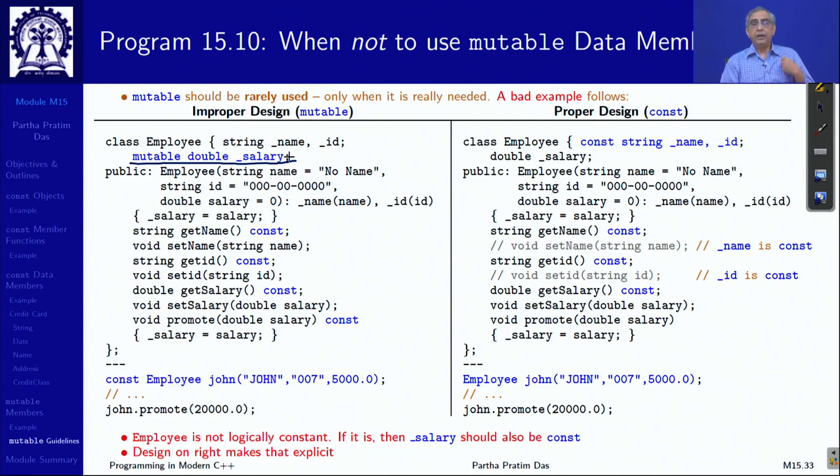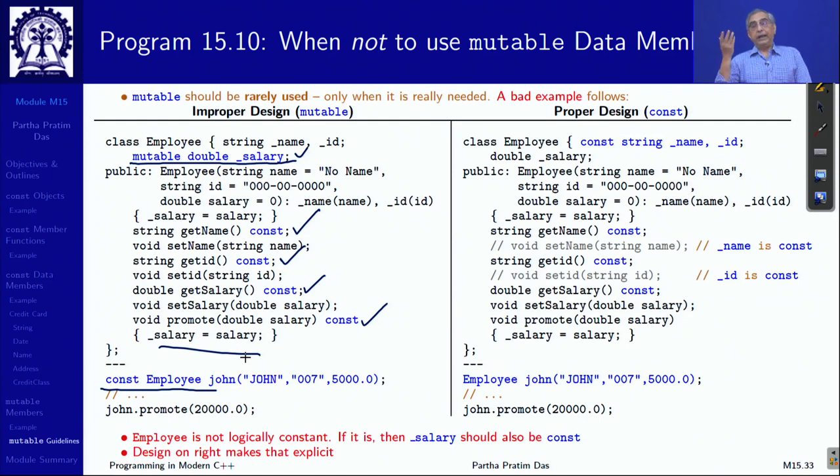So, you say okay, I will make the entire employee object constant and allow the salary to be changed, because salary can change. So, I have get name, get ID, get salary, all as constant member functions. I have promotion as a constant member function, and it changes the salary, which is allowed because it is mutable. This is a bad design.